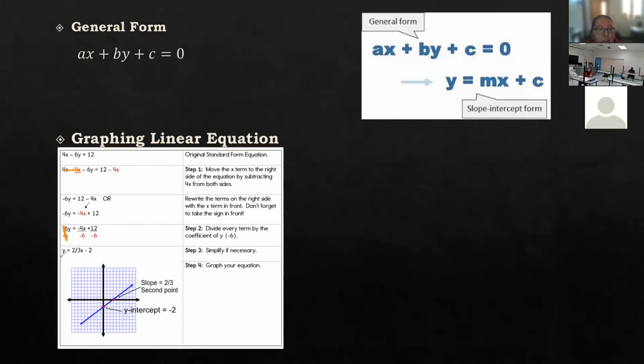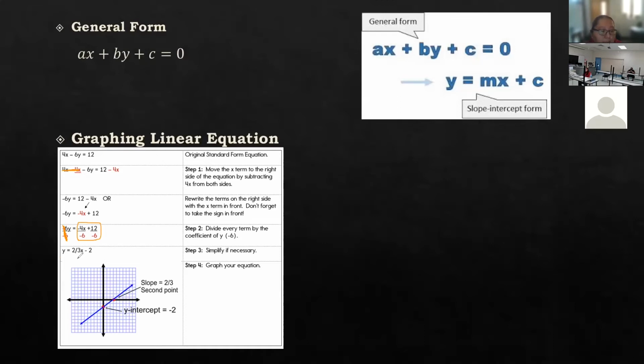That's why in our final product, it's y by itself equals negative 4x over negative 6 plus 12 over negative 6. What they did here is simplify or reduce. That's why when you look at our final product, it's y equals 2 over 3 x minus 2.